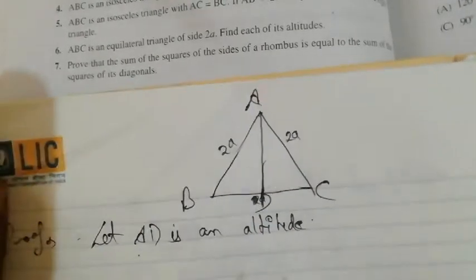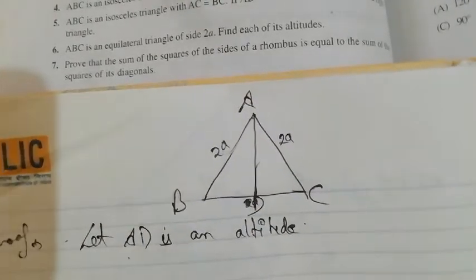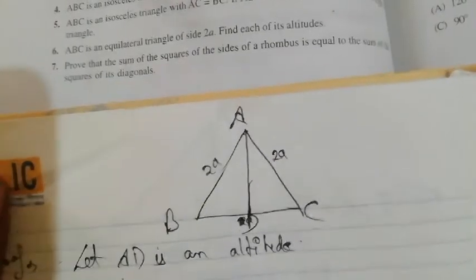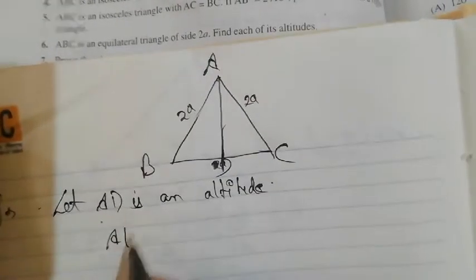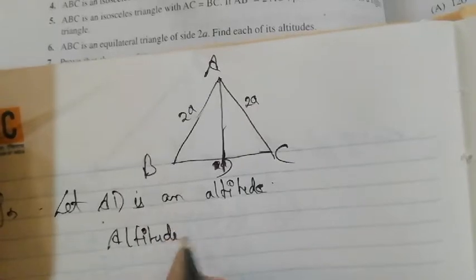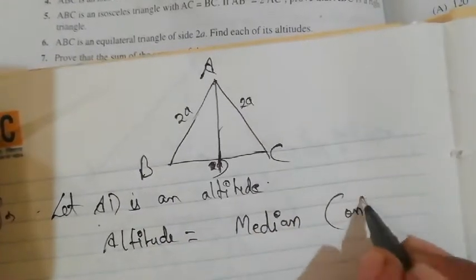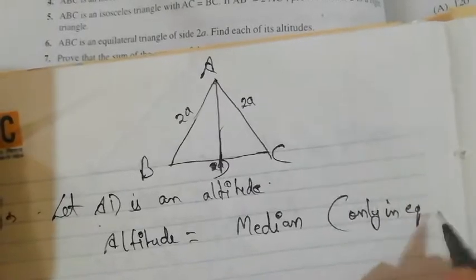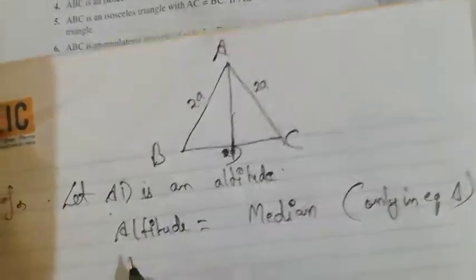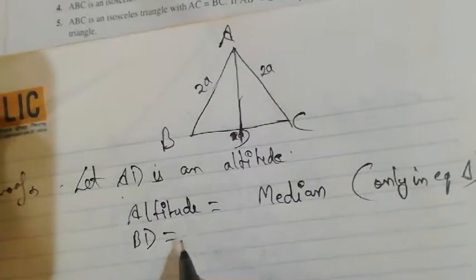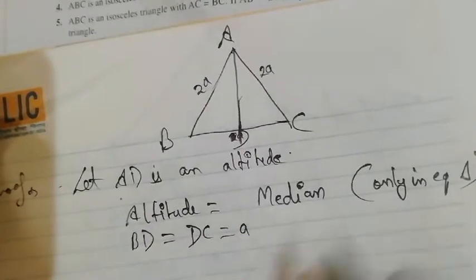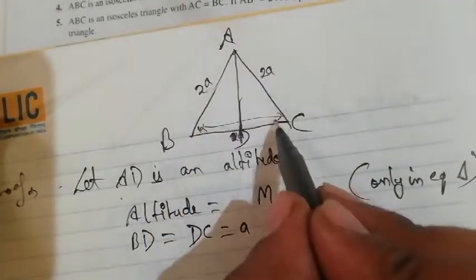Now you just need to know that in an equilateral triangle, altitude is equal to median, only in an equilateral triangle. So from here we can say that BD is equal to DC is equal to A, because this entire side is 2A.